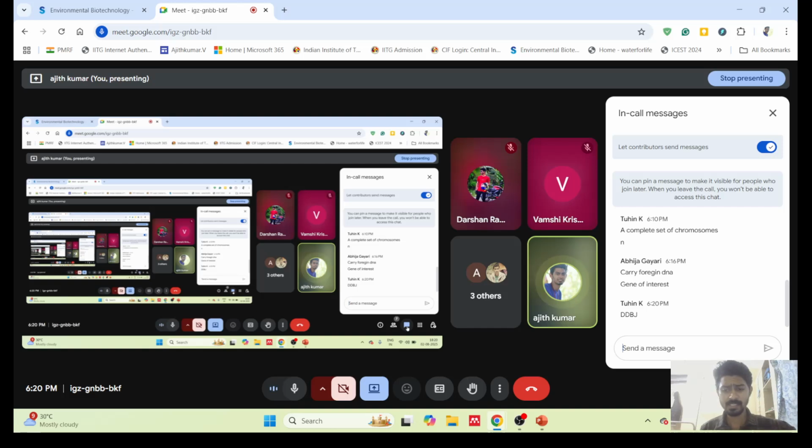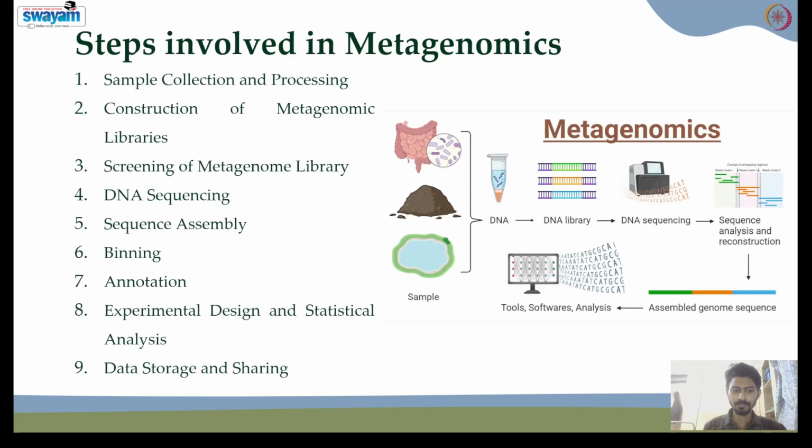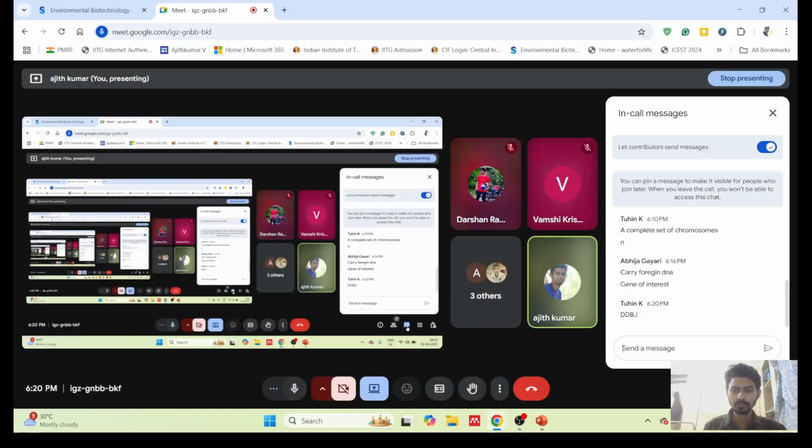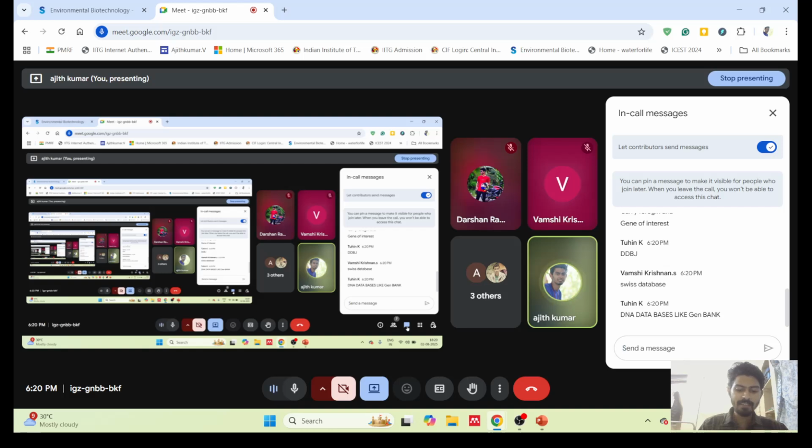Any other database? Swiss database. So we have NCBI, DNA database like GenBank is correct.